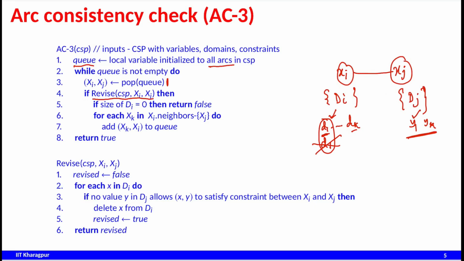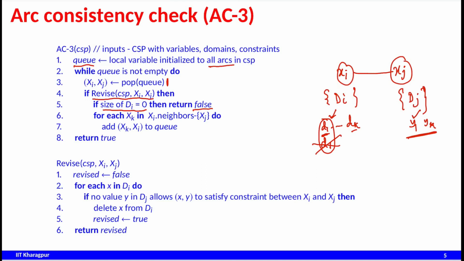So revise returns whether I am updating the domain values or not. If I update the domain values and the domain becomes null, that means no more solution is possible, so we simply return false. That means we could not find any solution.